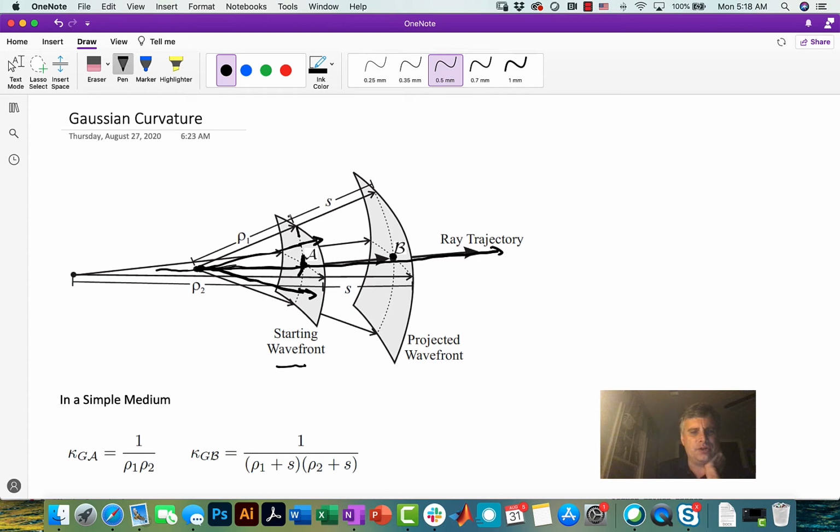In other words, there should be a radius of curvature at that point, which in this diagram is rho sub 1.